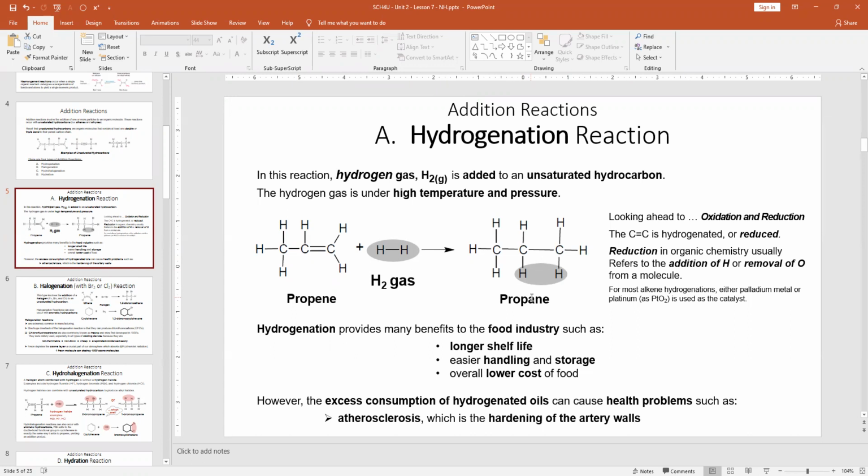And reduction in organic chemistry usually refers to the addition of hydrogen or a removal of oxygen from a molecule. And for most alkenes, hydrogenations, either palladium metal or platinum is used as the catalyst to drive these hydrogenation reactions for most alkenes.